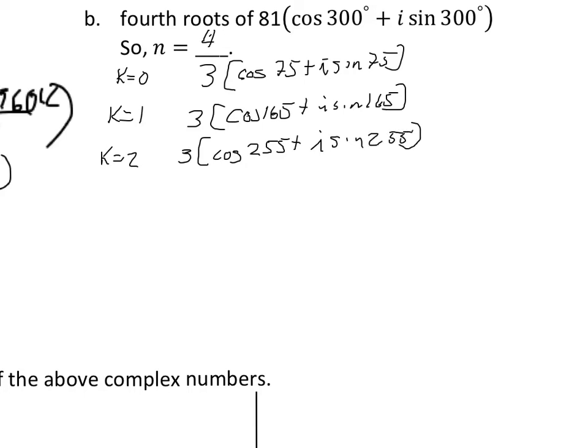Everybody hear Ethan? I was waiting for somebody to come up with that pattern. Since we're dividing by 4, we know we add 360 each time, but since we're dividing by 4, we just have to add 90 each time. So 255 plus 90 is 345.